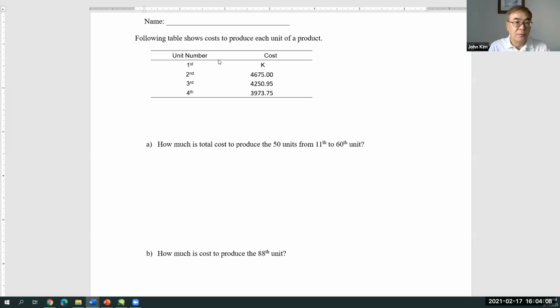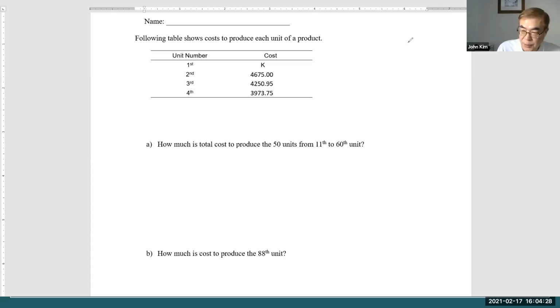So the first step is to figure out the learning percentage and K. As in the example and practice problem, when the unit number doubles, from 1 to 2, 2 to 4, you multiply by B. So first, figure out what B is.